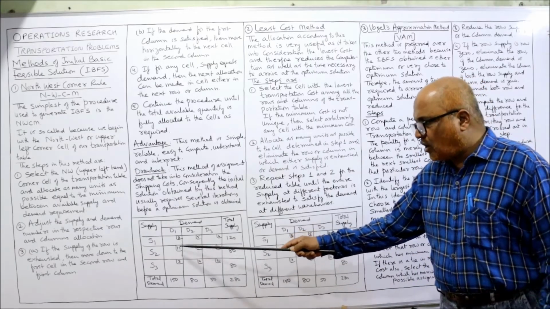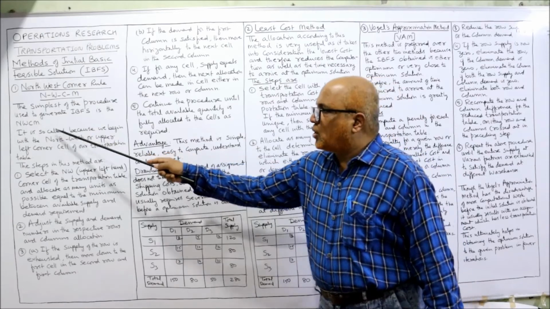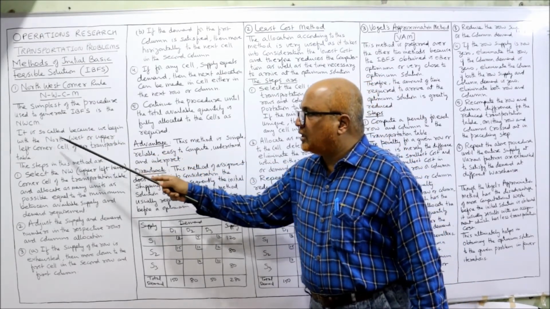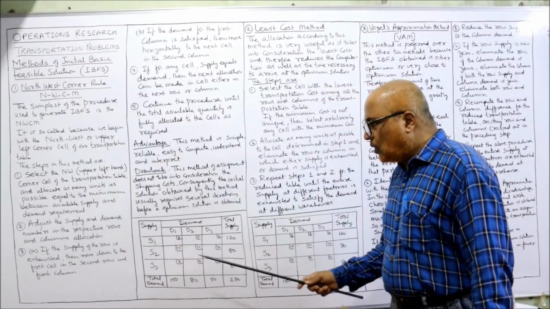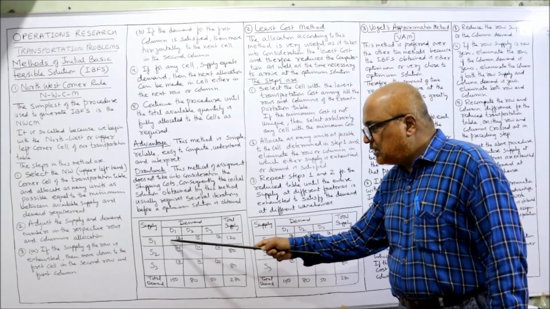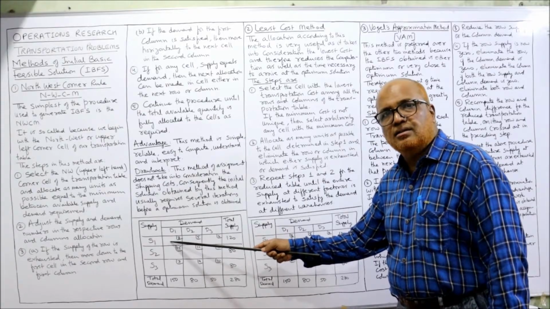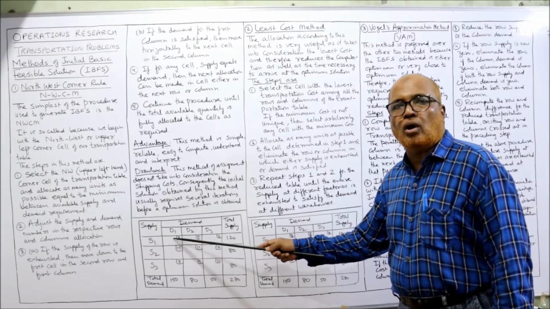Now these are the costs given. In this method, we begin with the northwest corner or upper left corner of the transportation table. Northwest corner means this is the first cell. We allocate in this first cell first, the minimum of the row total or column total.